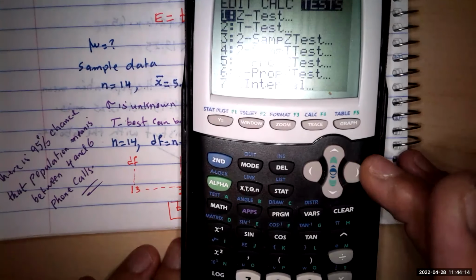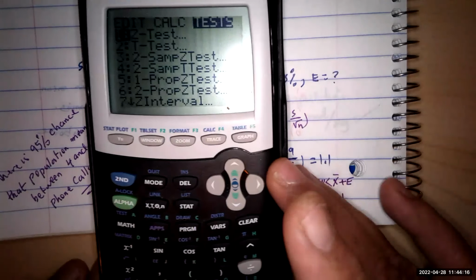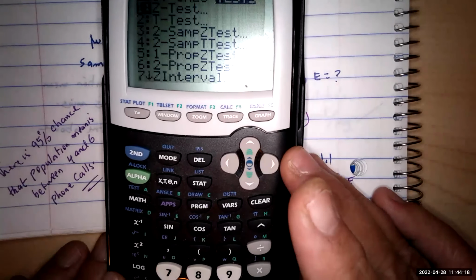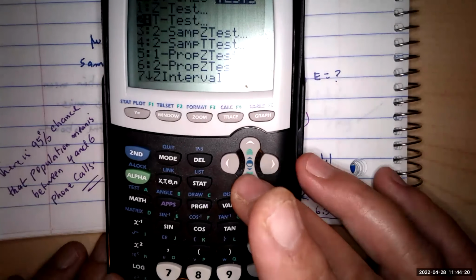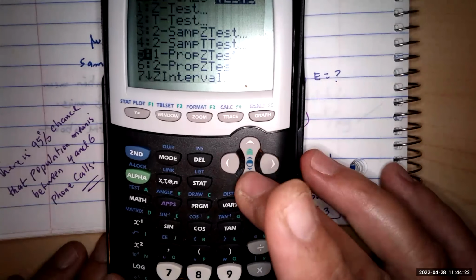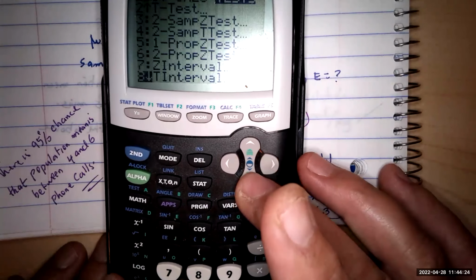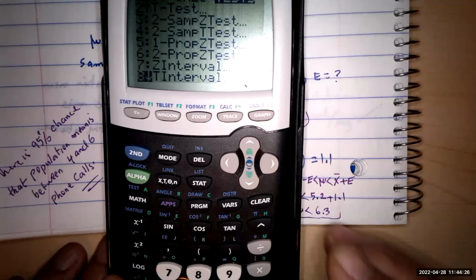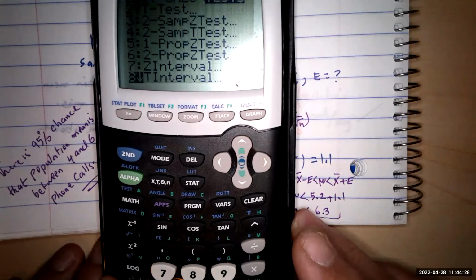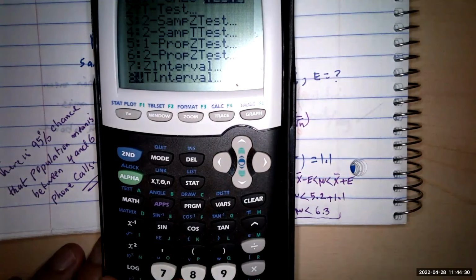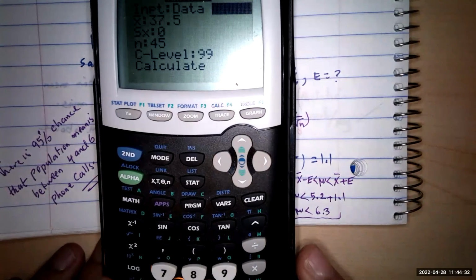So we go with the test. Remember, number 7 was the z-test that we did. If you go down, number 8, you will see the t interval. T interval. And then you click on the t interval, and there you are.